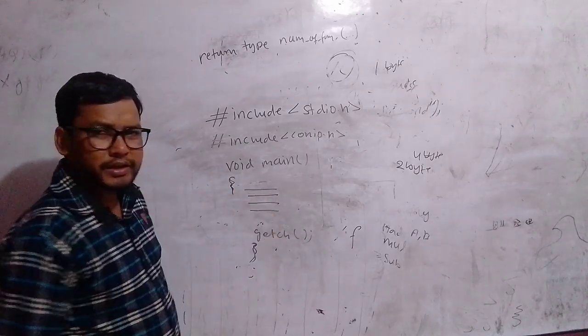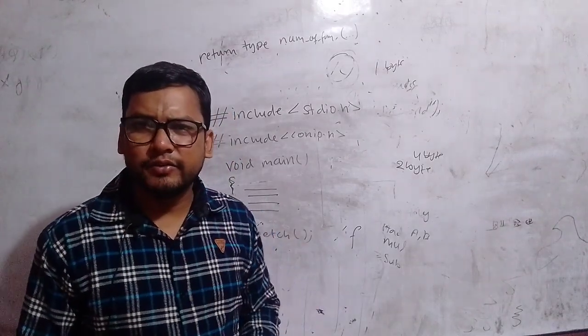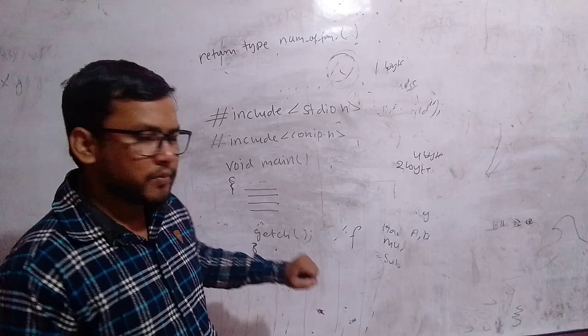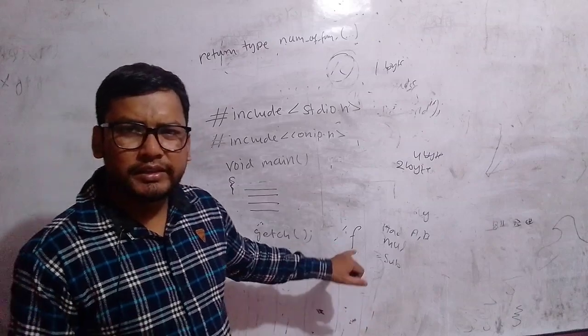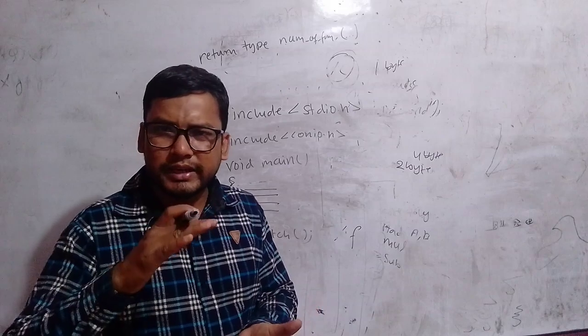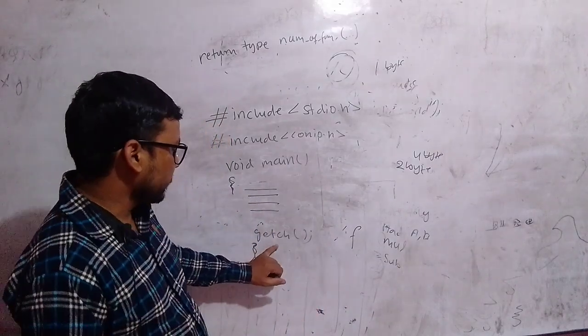And getch. What does getch mean? Getch takes a character from the keyboard. If we write the getch function, then it holds the screen until we press some key from the keyboard.